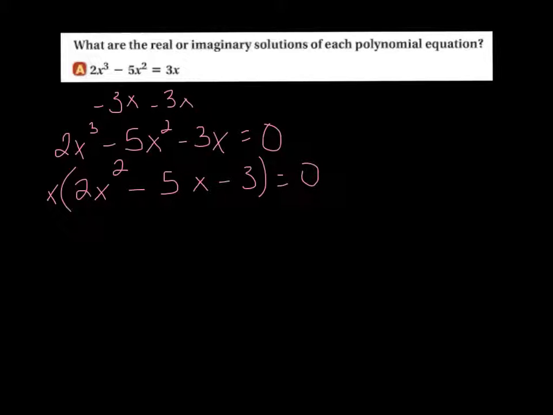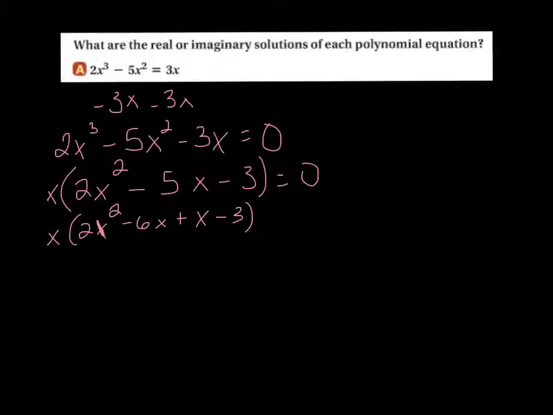And then we're going to factor the trinomial here. I do this by grouping. We want factors of -6 that add up to -5. That's going to be -6 and +1, so minus 6x plus 1x.